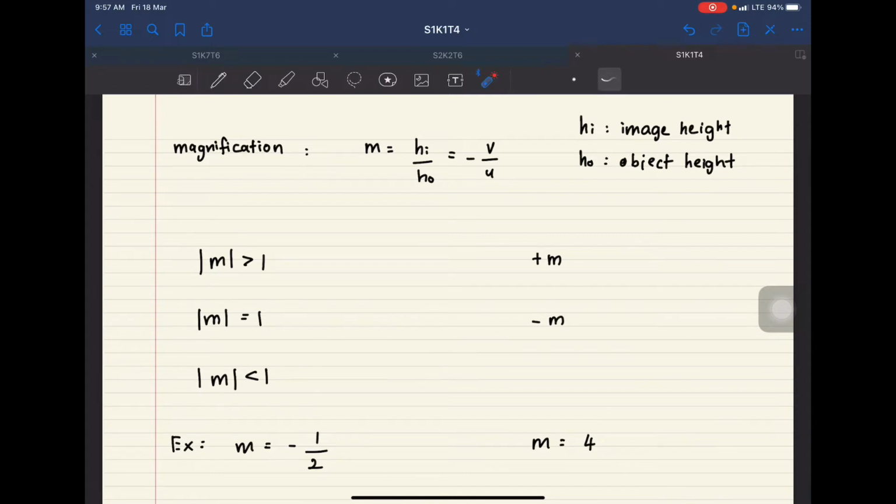This one is still a vector formula, meaning each of these can be positive or negative, same as previously.